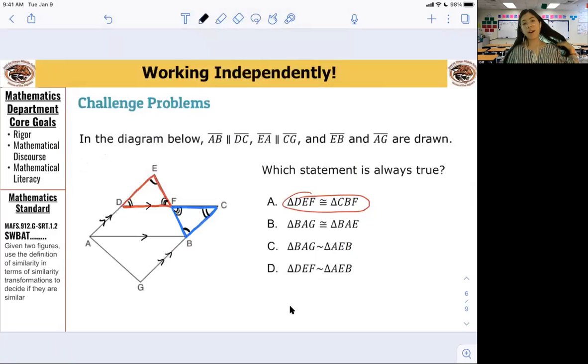So we know that they have all congruent angles, but does that tell me that they're congruent? No. What does that tell me? They're similar, good. So A is not it, but if it said similar, we'd be good. Unfortunately, we can't. So that's a bust.